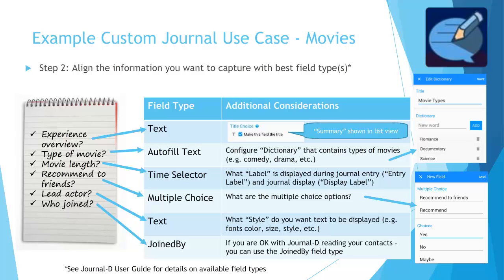A few other useful field types include a text field, where you can just enter text for a specific piece of information about an activity; a time selector field, which allows you to choose the hours and minutes for how long an activity took place; a multiple choice question, which can be used for a lot of different use cases, as simple as a yes/no question or information.